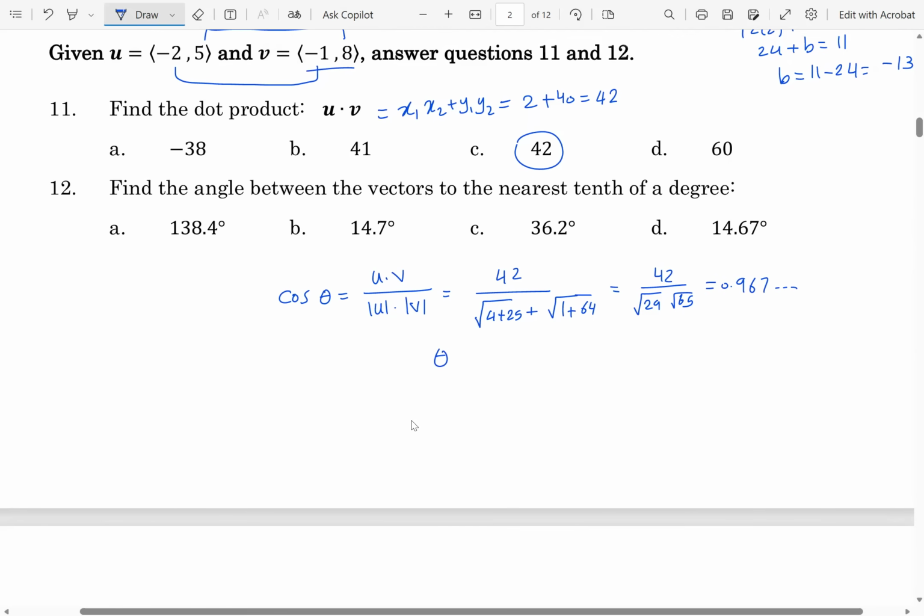So the angle theta itself equals cosine inverse of 0.967. Go to your calculator and just press shift cosine, answer, close the bracket, equal. It's about 14.67 degrees. So the best answer is 14.67. Option number D.